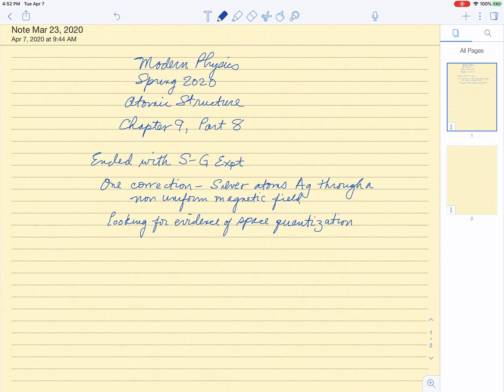And so basically the way this experiment was designed, and again, this is looking at it from a side view. So if this is north, this is south.